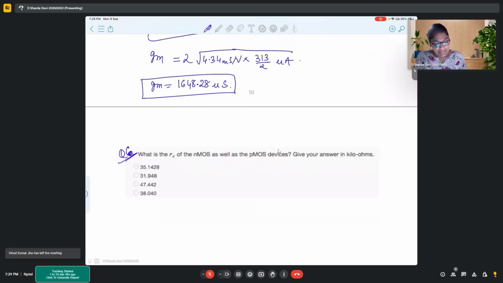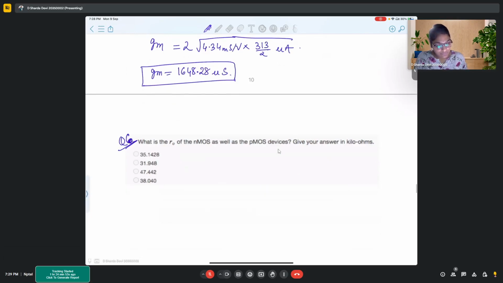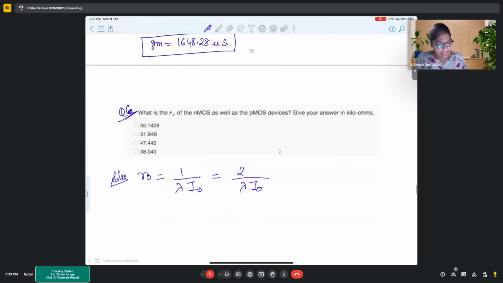Now, in this question, it says, what is the R naught of NMOS and PMOS? So we know R naught we can directly write from lambda, that is 1 upon lambda ID. So that is 2 upon lambda I naught. And since lambda was the same for both NMOS and PMOS, R naught N will also be equal to R naught P, and that is 2 upon 0.2 into 313 microamperes.